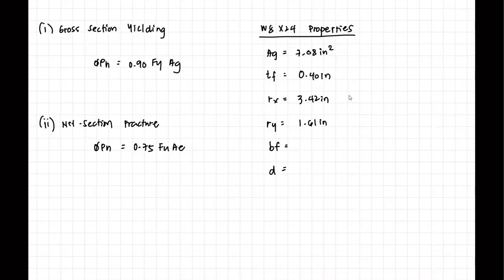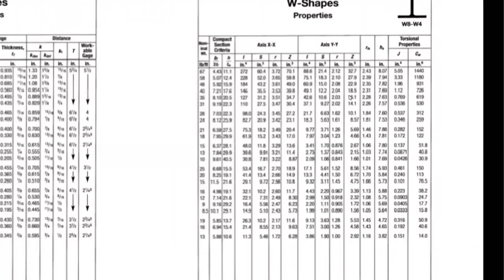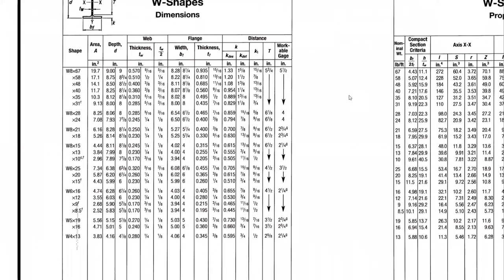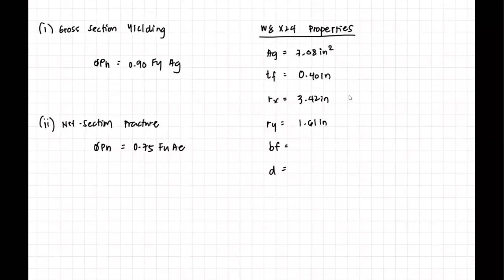Then our width of the flange is given as 6.5 inches, and the depth is 7.93. Okay, 6.5 inches and 7.93.